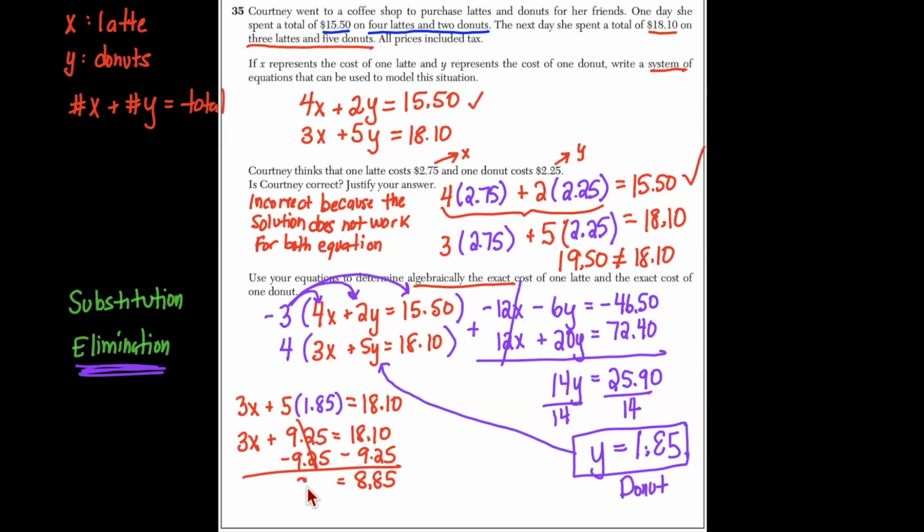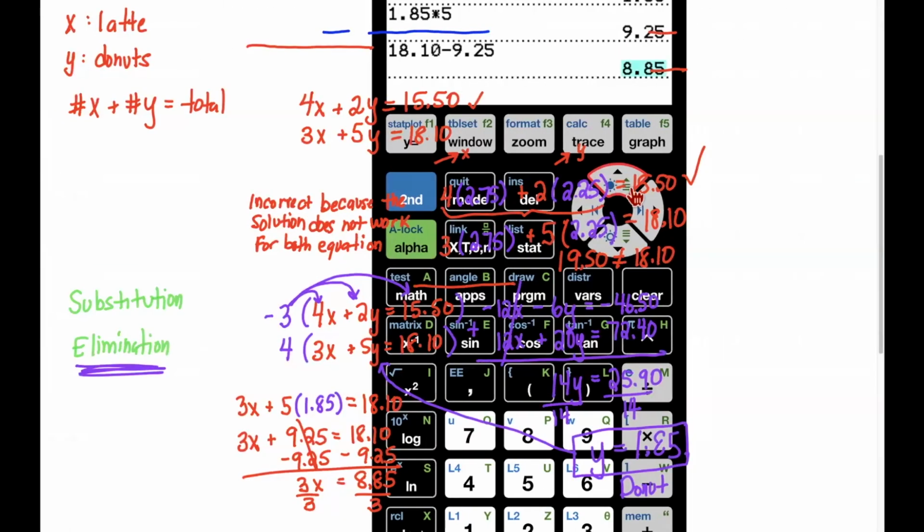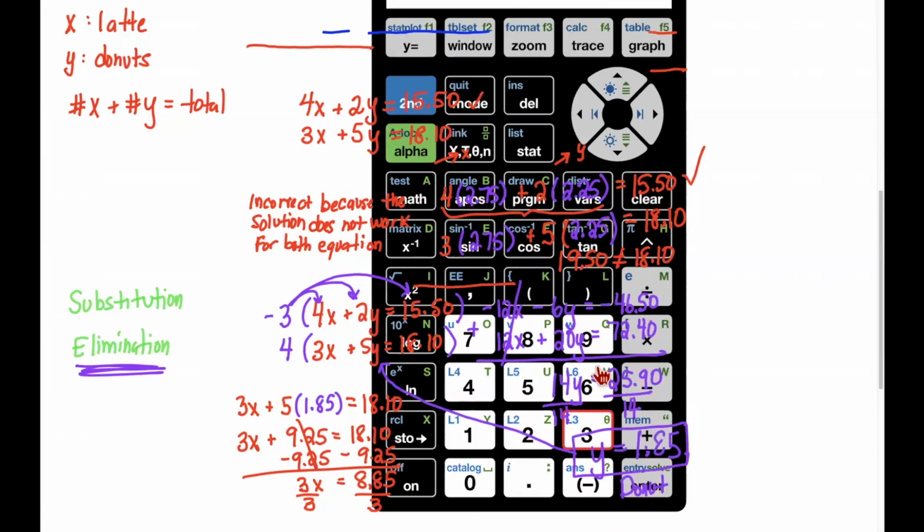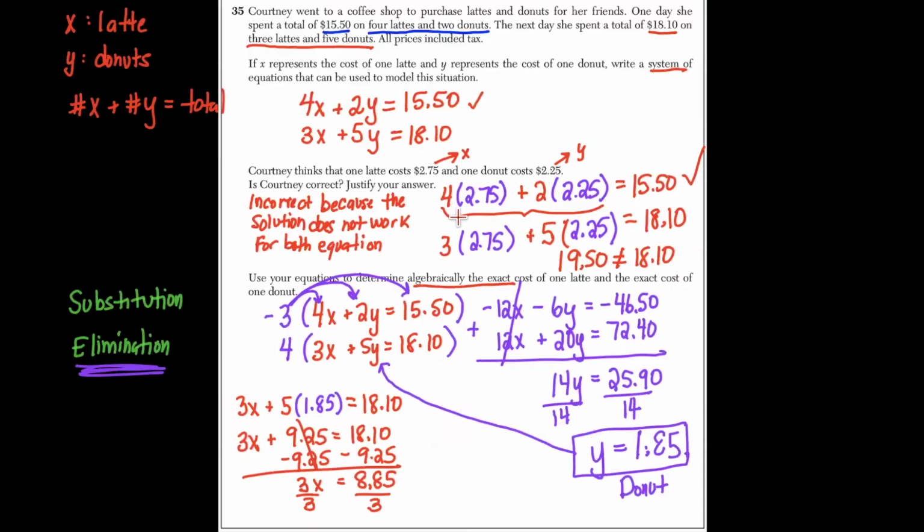On the left-hand side, I'm still left with a 3x. So my last step is to divide both sides by 3. And let's see what we got here. 885 divided by 3 gets me an answer of $2.95 for the cost of a latte.